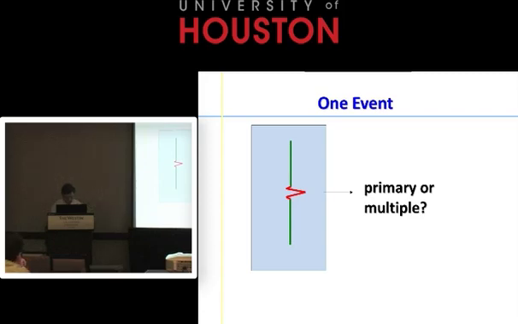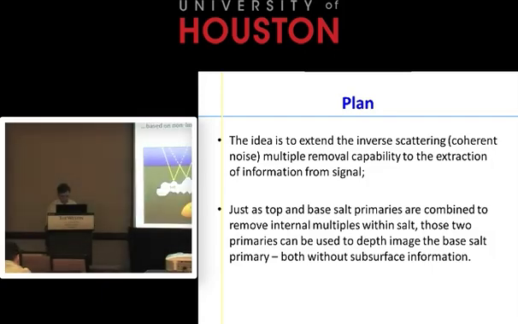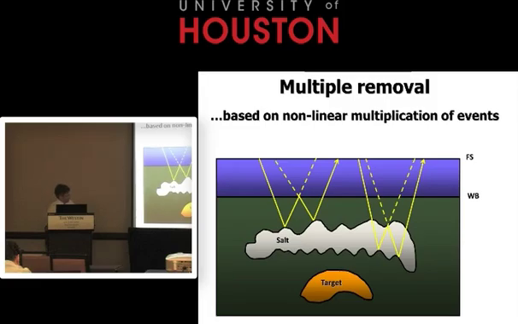So the idea is to extend just as top and base solve to combine to remove internal multiples within solve. These two primaries can be used to depth image the base solve. So it's in some way the opposite of our current way, not just in terms of letting data talk, but we tend to not want the reflections on the image.